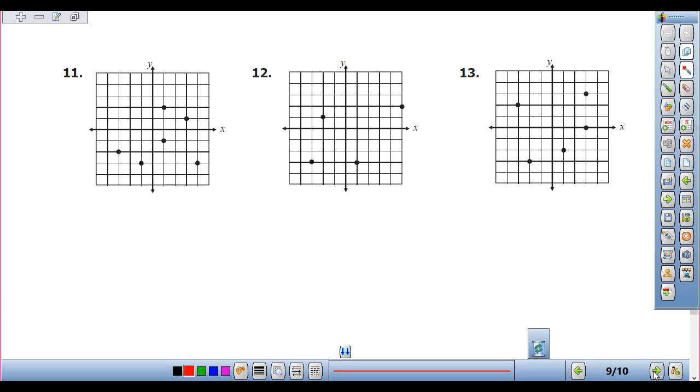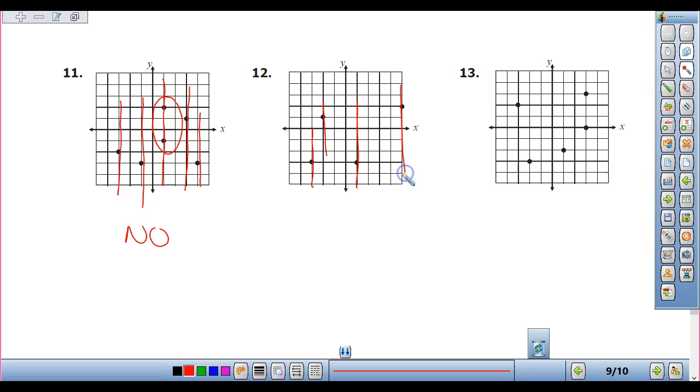Alright, so this is where we're doing that vertical line test. If I draw vertical lines through these points, do any of those lines go through more than one point? Yeah, this one does. So that makes it not a function. Okay, how about number 12?